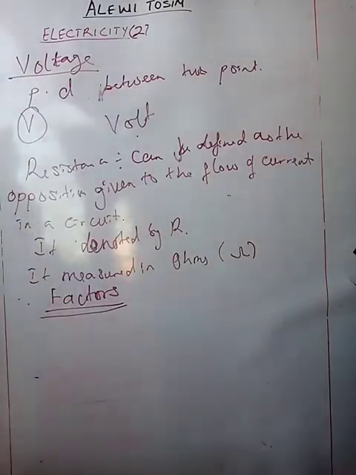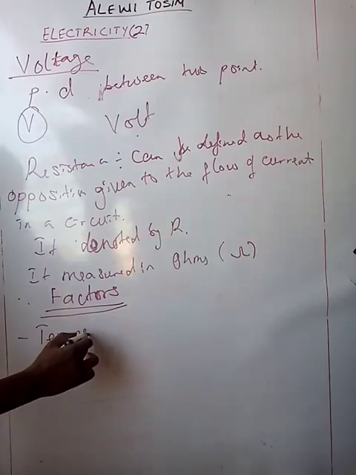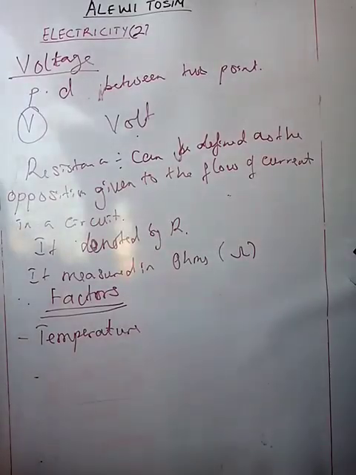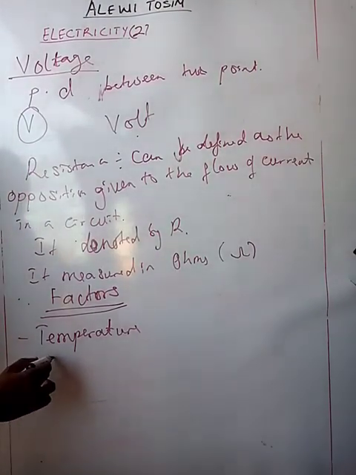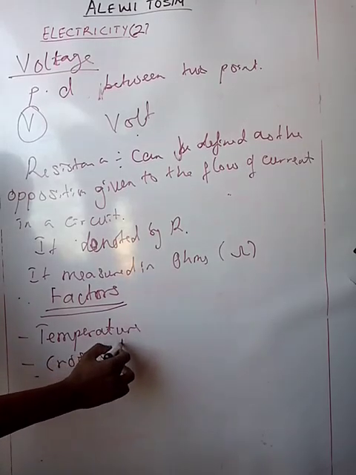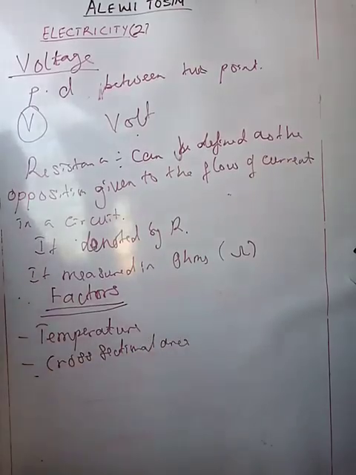Number one is temperature. Number two, we have cross-sectional area.